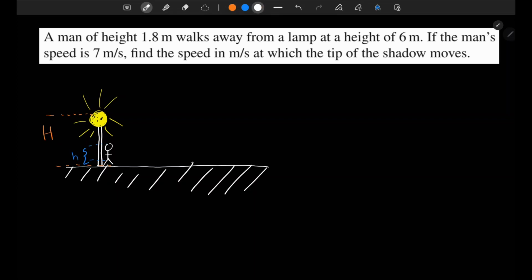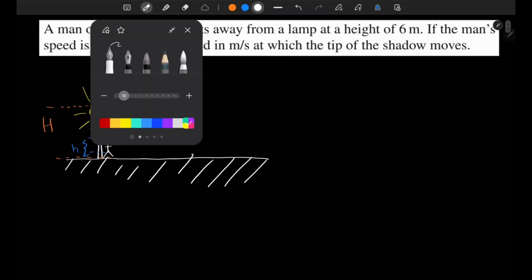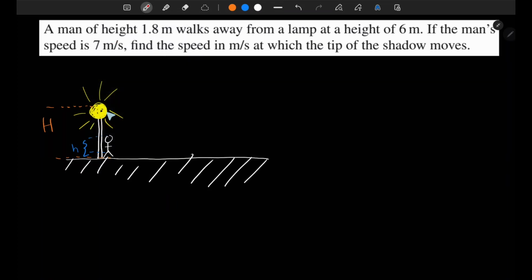Now we can draw the following triangle. We have these side lengths, which I'll draw in red. We have this side length.